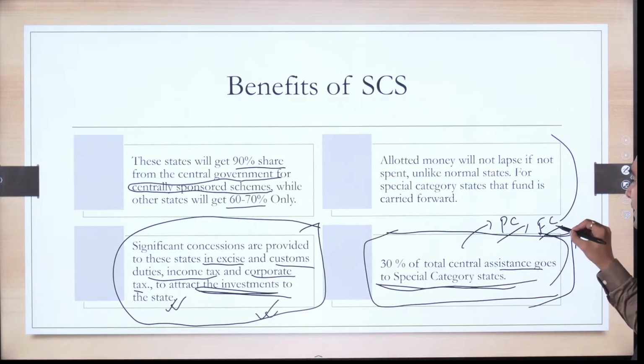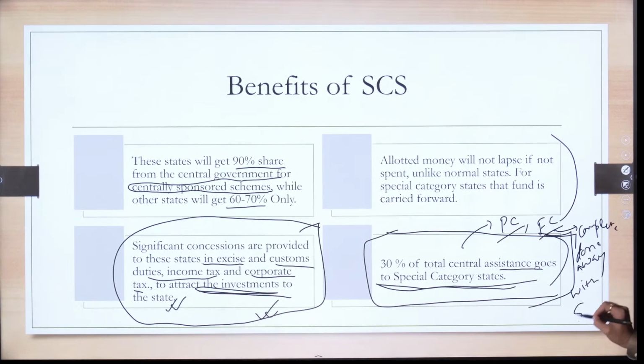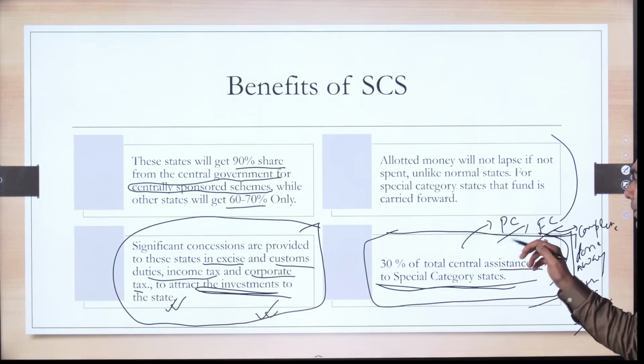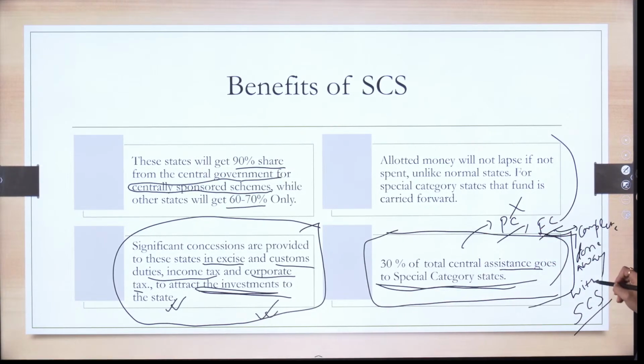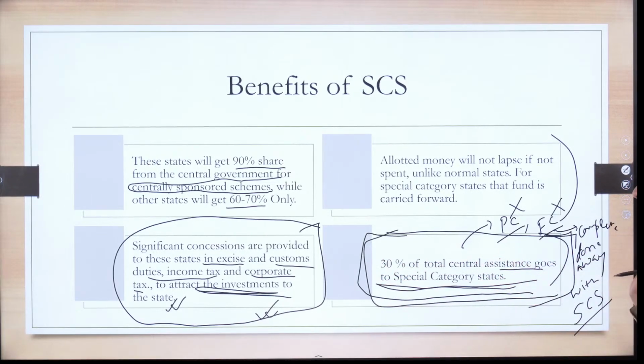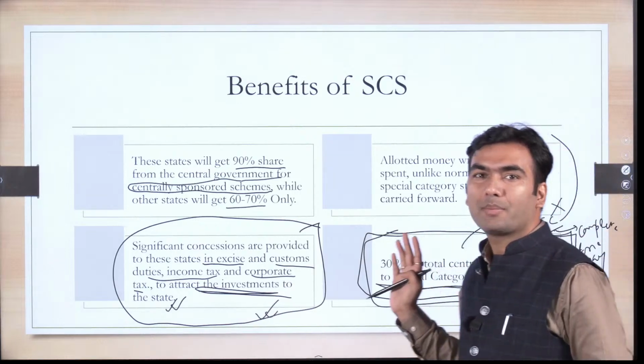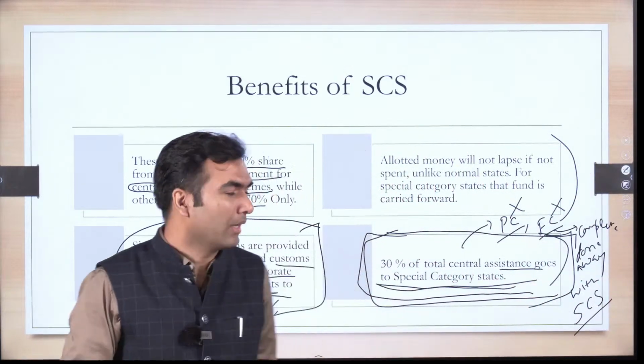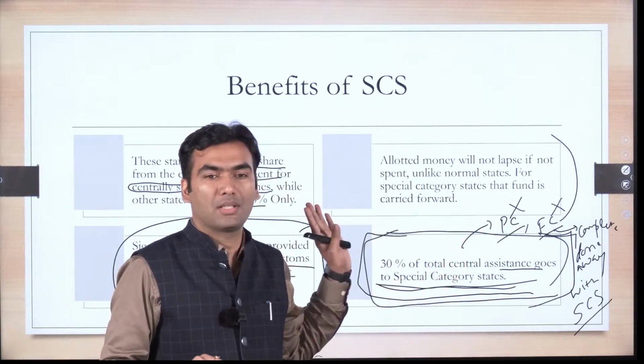Now the Finance Commission, we have just seen, has completely done away with special category status. So since the Planning Commission is no more there, and the Finance Commission is not using special category status as a criteria, probably this does not hold true anymore, that 30% of the central assistance will go to special category states. This was true when the Planning Commission was there.